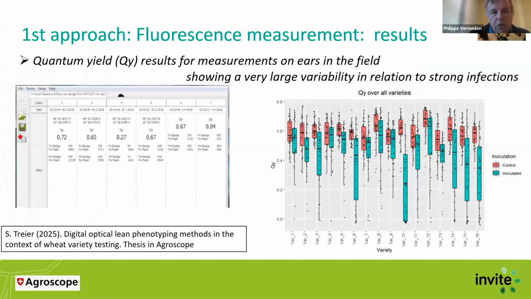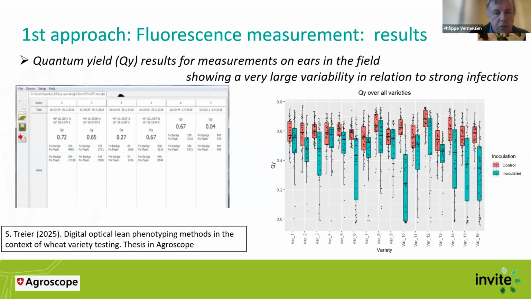Using such a device, you acquire values of quantum yield. On the graph, you can see that for different varieties, this quantum yield value is different depending on the control in red or the inoculated plants. This result can be obtained using trials with inoculation and strong infection.